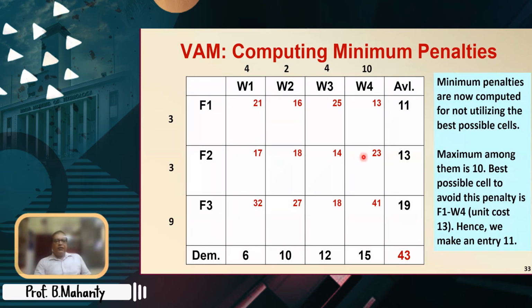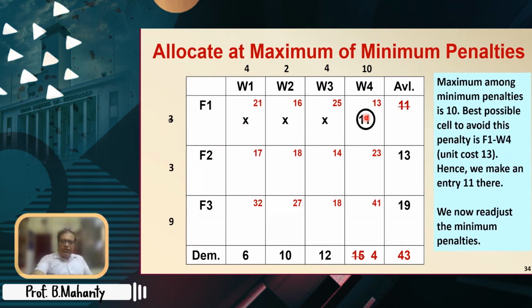So where do we make some entry? We make the entry at this square, because out of all these minimum penalties, the maximum is 10. So we try to avoid this maximum of these minimum penalties and make some entry in the corresponding square. So we make an entry of 11 out there.